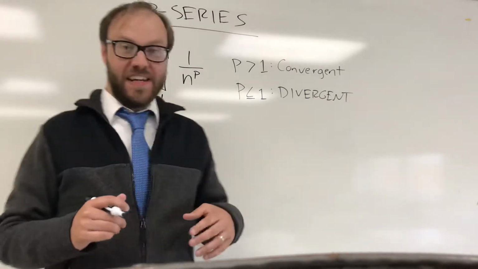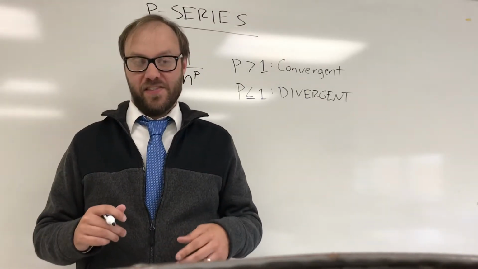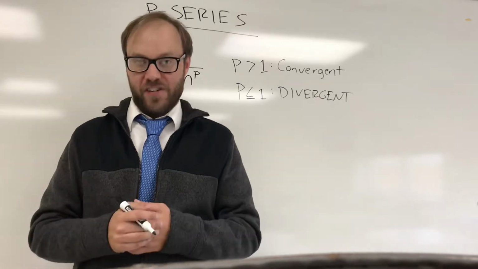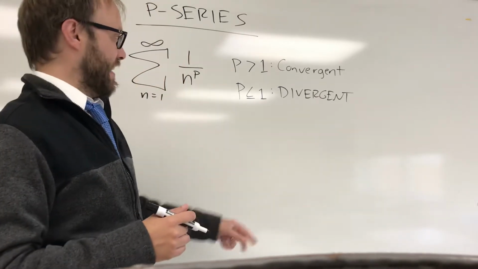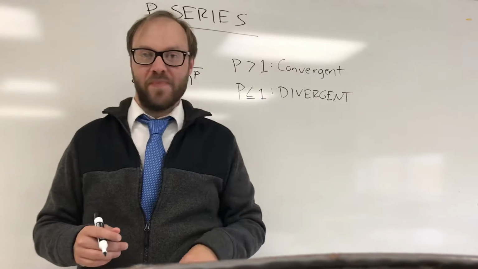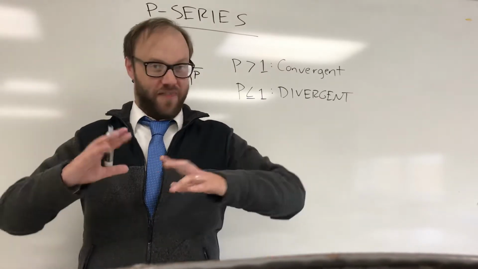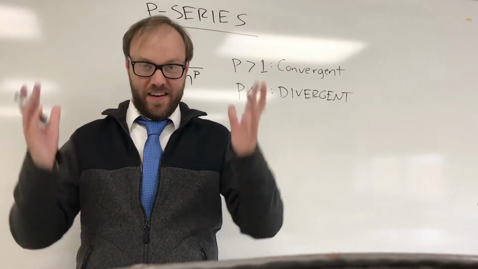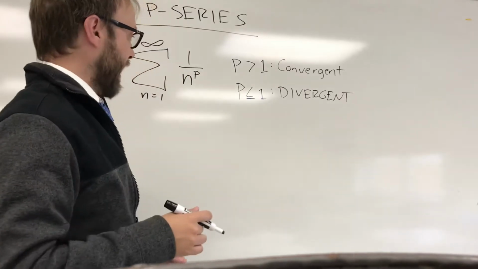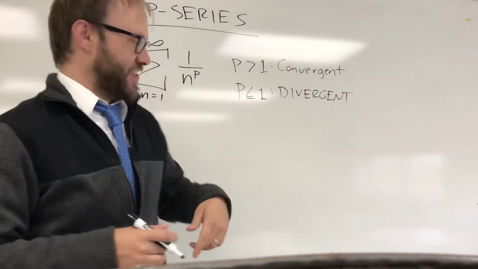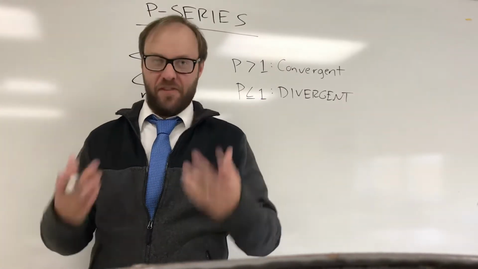And it's very easy to tell if the p-series is convergent or divergent. If p is greater than 1, the series is going to converge. Very easy to prove with calculus, not so easy to prove with pre-cal. If p is 1 or less, the series is going to be divergent, okay?